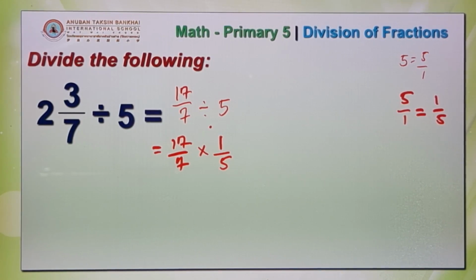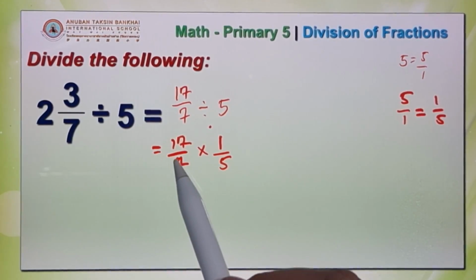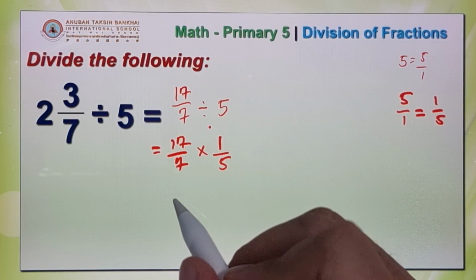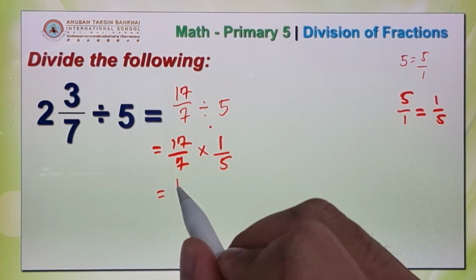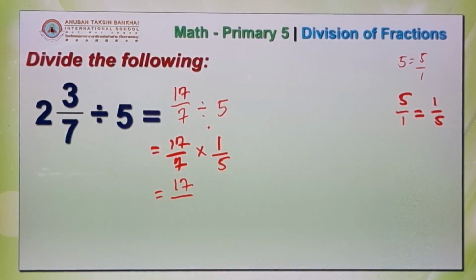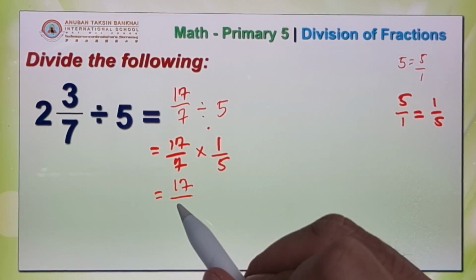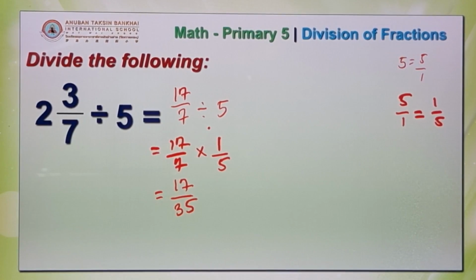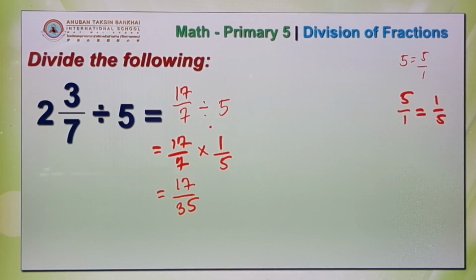Next, we are going to multiply this one. 17 times 1, we have 17. 7 times 5, we have 35. Can we simplify our answer? No, we cannot.